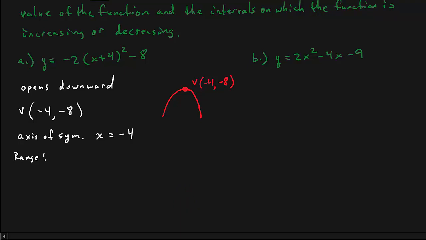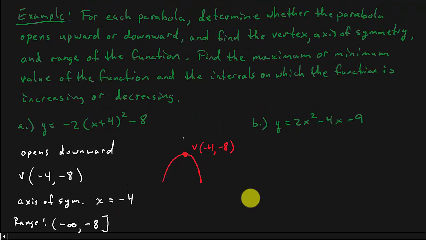So the range would be negative infinity to -8. It's not going above -8, so it's not going to hit any of those values. Now, is the -8 included? Yeah, that point right there includes the y value -8. And so that means we would have to put that in a bracket.